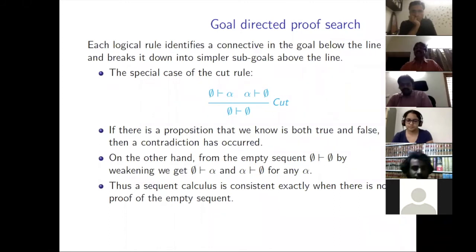Now, Gentzen was not interested in that. I mean, this is true proof theory. There are no models. You're only talking about derivations. And here's the notion of consistency. And as I said, Gentzen's entire project was to prove consistency. And he wanted to do it without resorting to models.